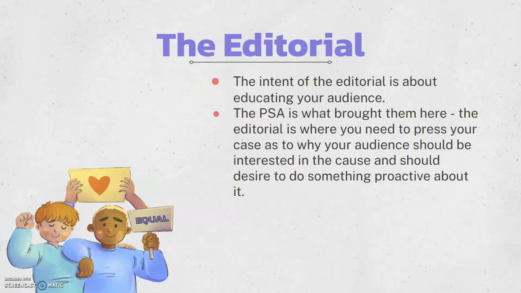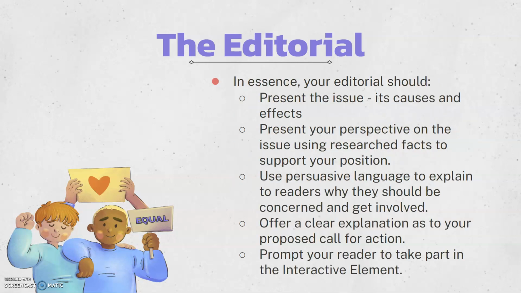The editorial for that website should be about educating the audience. The PSA video is what brought them there, and the editorial is what you need to press your case as to why your audience should be interested in the cause and desire to do something proactive about it. In essence, your editorial should include these 5 bullet points.